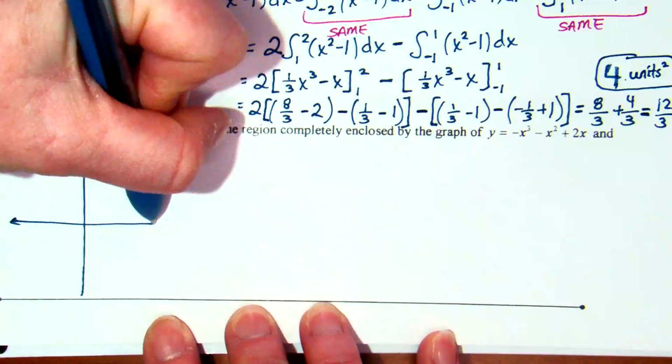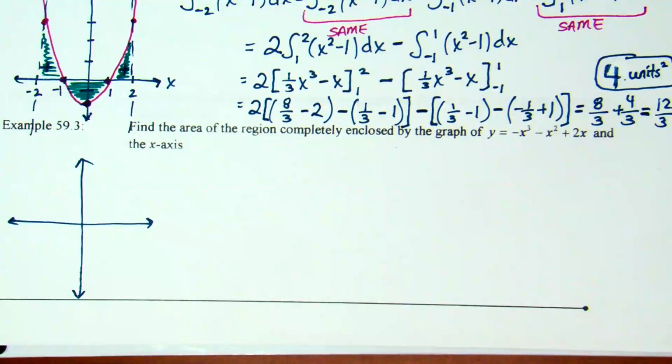You can find your x-intercepts. We factor this, negative x cubed minus x squared plus 2x. I could factor out GCF of negative x, which leaves me with negative x carries down.